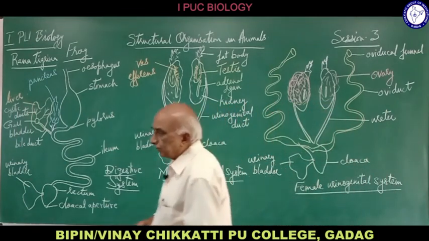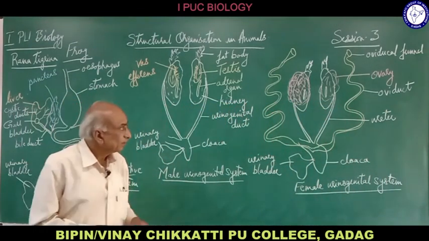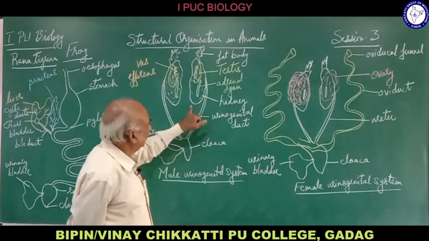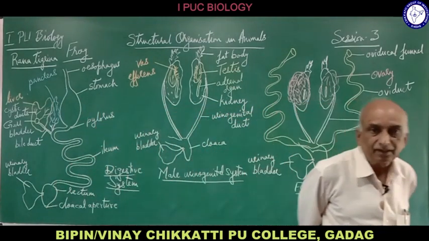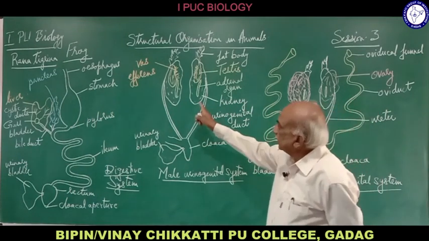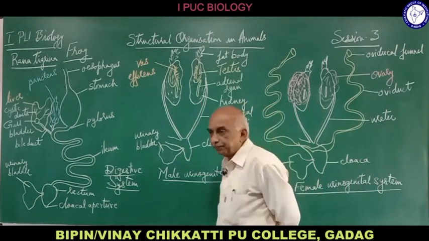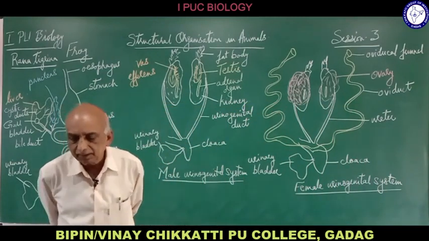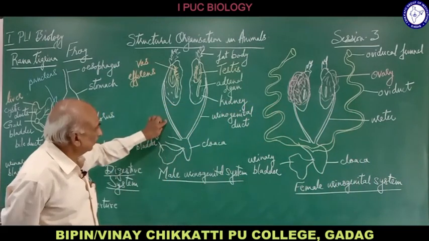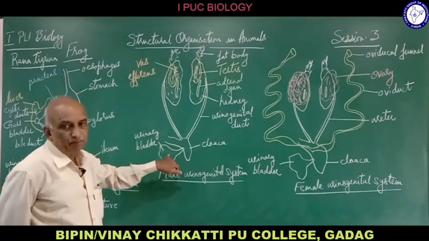Now when we come to the excretory system, there is a pair of kidneys in the frog which are the excretory organs. These kidneys contain the nephrons or uriniferous tubules, and the ureter and the urinary bladder.